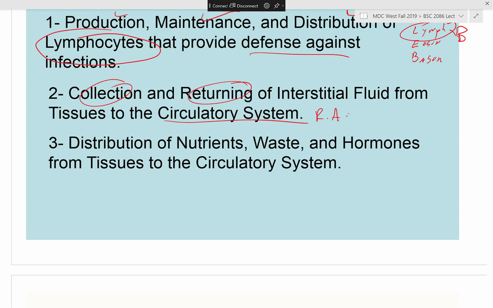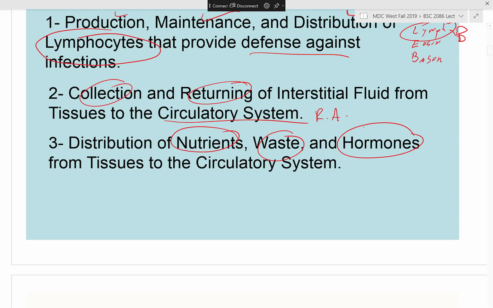We also are going to distribute nutrients, including waste and hormones. Why? Because if you're collecting the fluid that is in between your tissues, that fluid is a filtrate of the plasma, but without red blood cells or major proteins, correct? Because they cannot go through. That's what we said, because the sinusoids are really small.